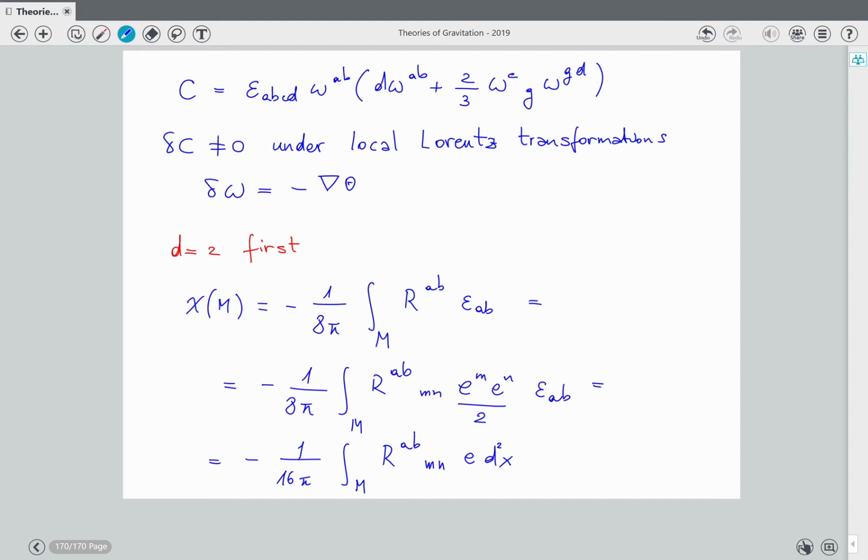This you can do immediately by writing e^M as e^M_mu dx^mu. In 2 dimensions, everything is much simpler. And then you have e, epsilon^{MN}, epsilon_{AB}.